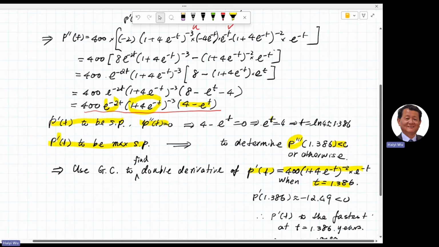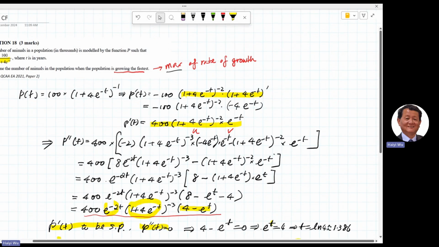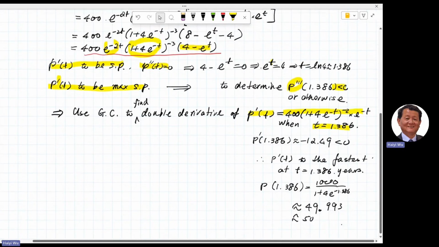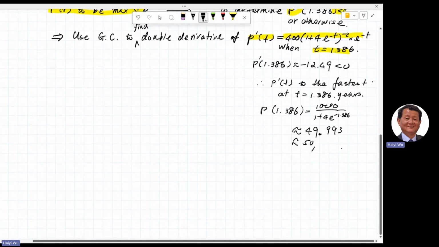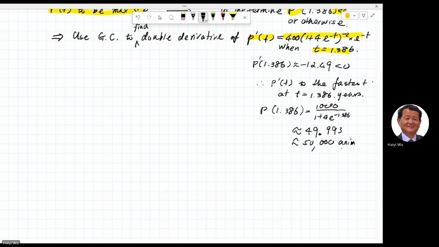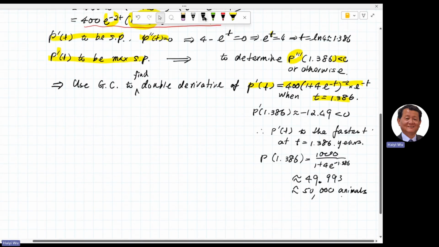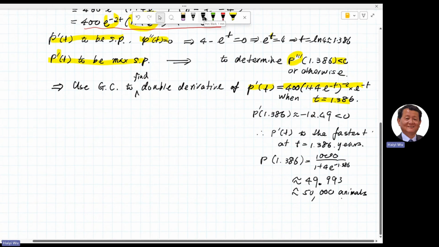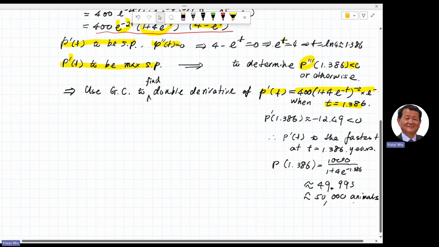Because the unit is thousands, the population in thousands, it will be 50,000 animals when the rate of growth is fastest, which is at 1.38 years. So it grows to 50,000 animals.